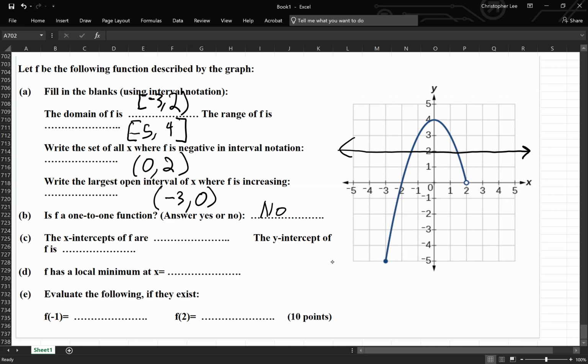Now they're asking for your x-intercepts. Very simple. X-intercept right here, x-intercept right here, right? Let me erase that though, because I don't want to block the open circle. So your x-intercept is what? -2, comma, 0.